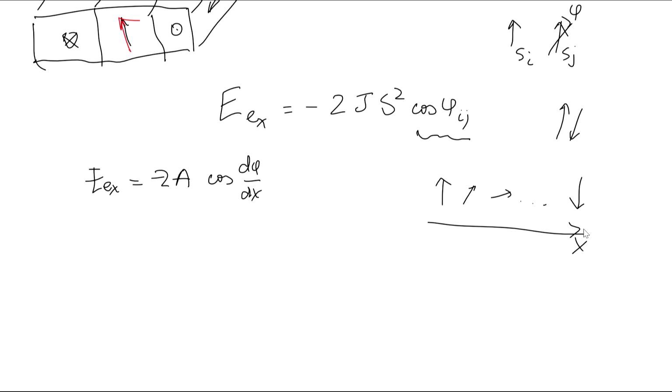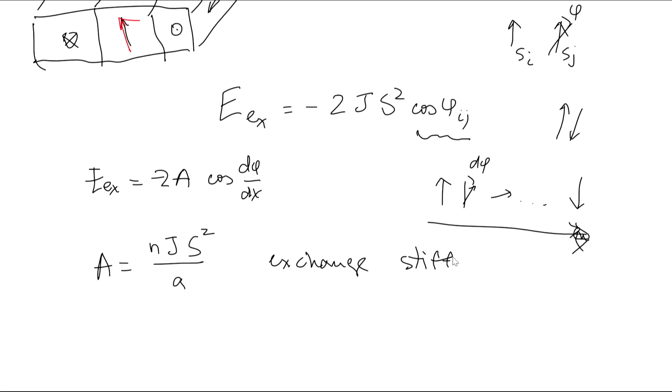This is our x direction, and that would be the d phi, the small change between neighboring spins. A, we wrote down, A is n J S squared over a. It is called the exchange stiffness constant.